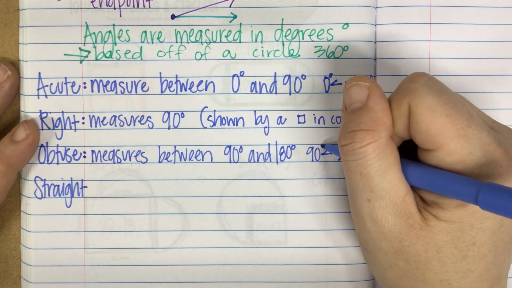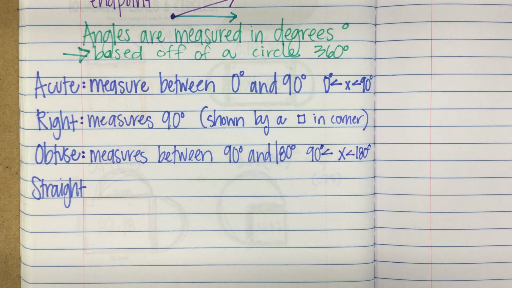No equal to signs. It must be between. 91 is obtuse. 90.000003 is obtuse. It has to be between those two values.